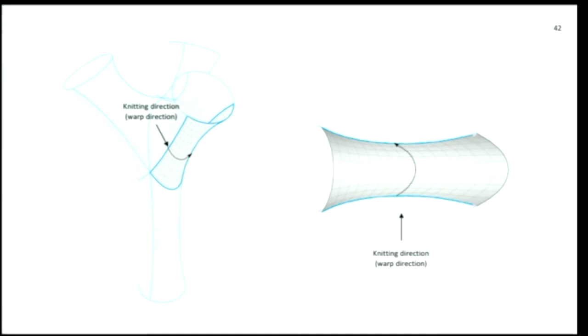First off, we need to define a loop dimensioning. This loop dimensioning will then be the guide for the course height and the loop width. The next step is also to define a knitting direction, because it is a directional process. And once we have done this, we can go into creating the courses themselves.